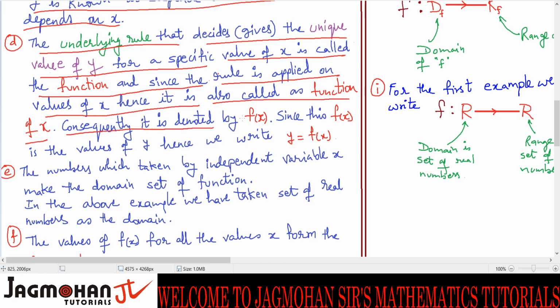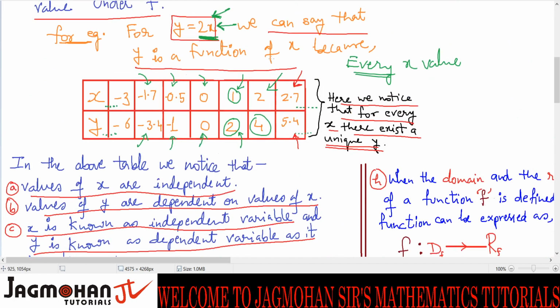Consequently, it is denoted by f of x. Since this f of x is the value of y, hence we write this as y equals f of x. Okay, students, let us read this once again. The underlying rule that decides or gives a unique value of y for a specific value of x is called the function. Okay, students, the underlying rule, what does that mean?